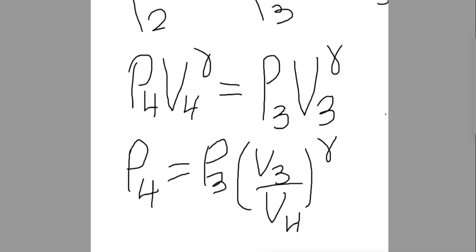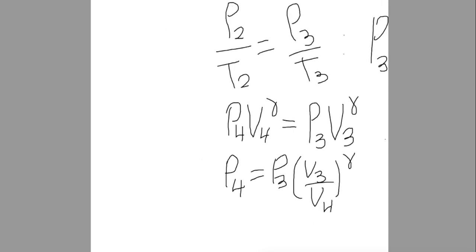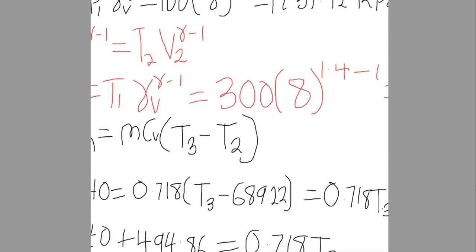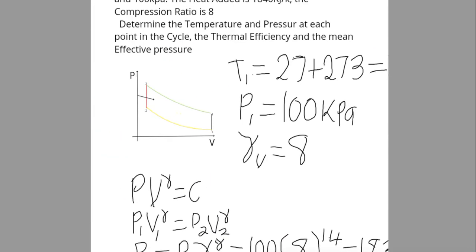So that is how it's going to be. So now, what is our V3 over V4? We do not know, but we can relate our V3 over V4 to the compression ratio somehow. So now let us check what our V3 over V4 is.